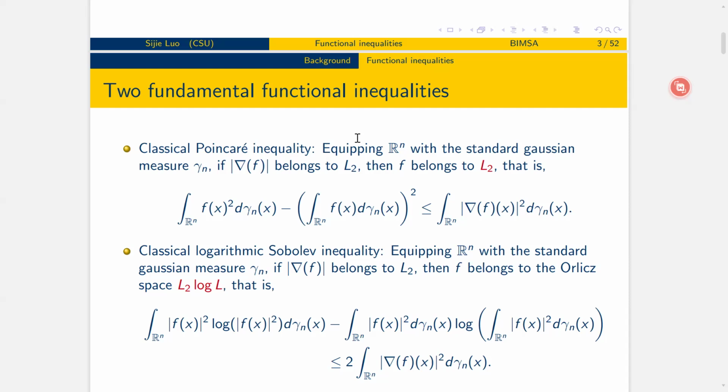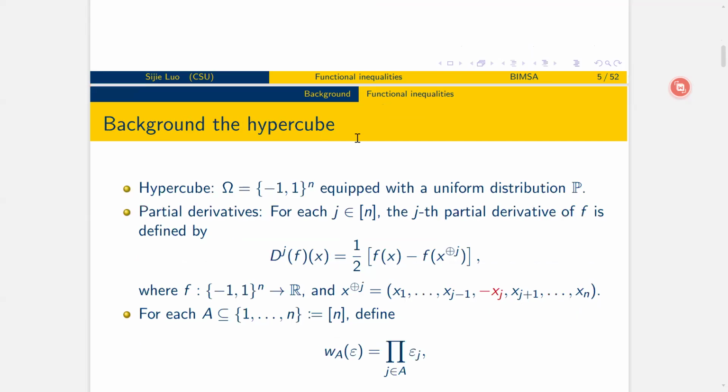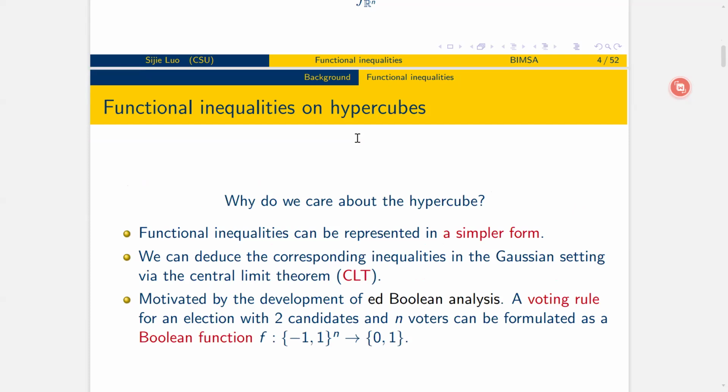The Gaussian space is one of the important models that inspire us, but in today's talk we will focus on another model, the hypercube. Why the hypercube? We have the following 3 motivations.